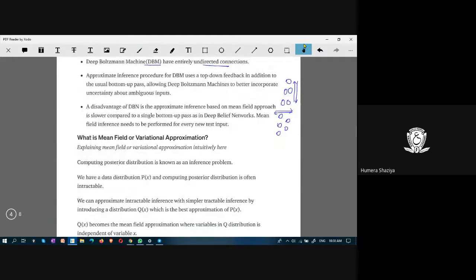And the Boltzmann machine incorporates uncertainties better. A disadvantage of DBM is that the approximate inference is based on the mean field approach, which is quite slow compared to the bottom up pass used in DBN.